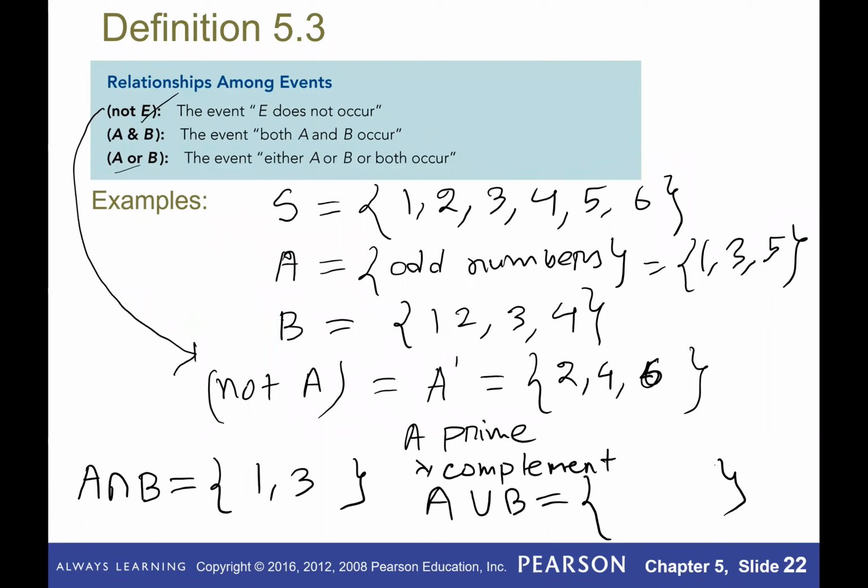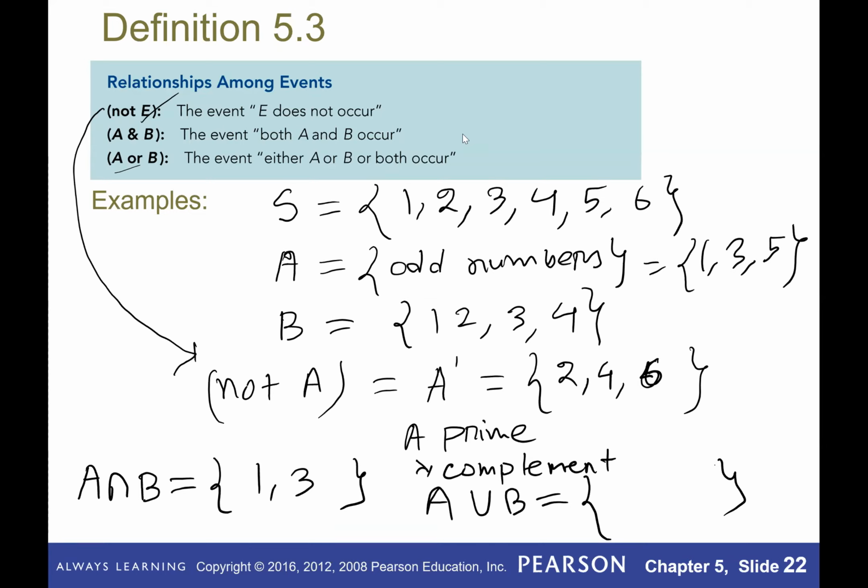So A or B, or A union B, means all the elements which are in A or in B, or in both. Okay, so 1, 2, 3, 4, 5. How about others? Anyone else? 1, 2, 3, 4, 5, and 2, 4, 5.